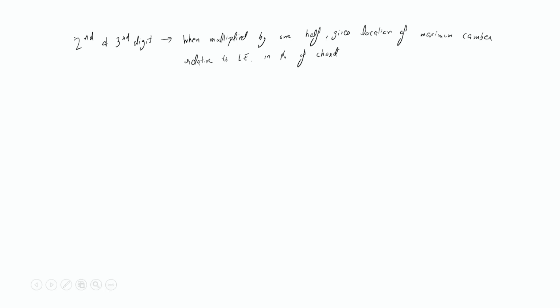So the first digit was multiplied by 3/2, and the second and third digit is multiplied by 1/2. It gives the location of maximum camber relative to the leading edge in percentage of chord, which is again a similar point for the 4-digit series as well. Only the thing is it is multiplied by 1/2.